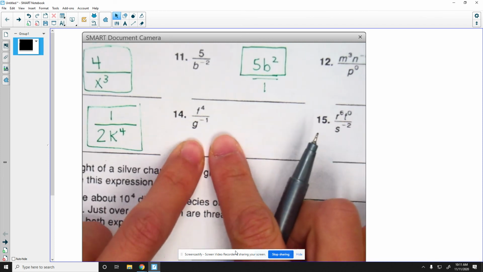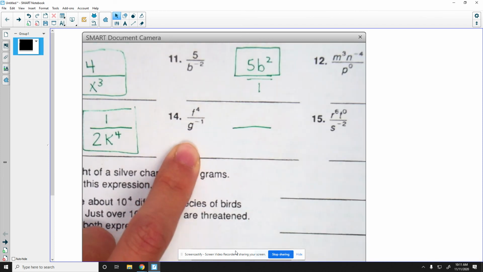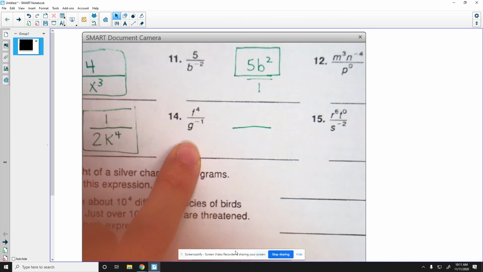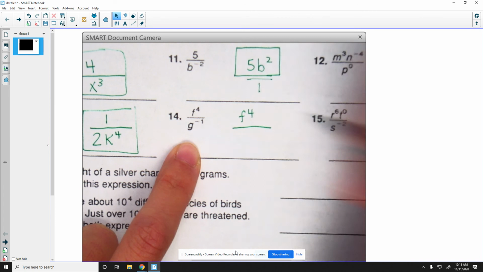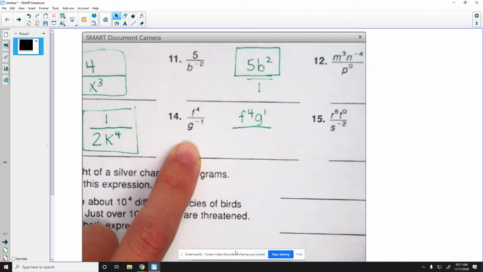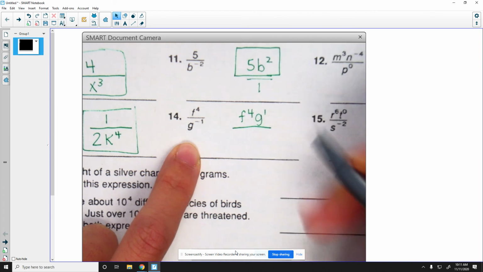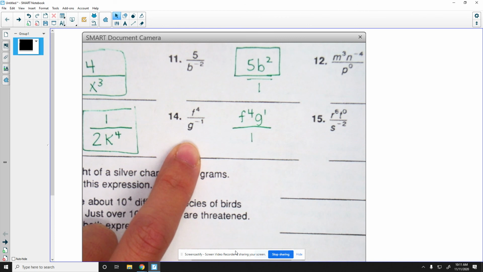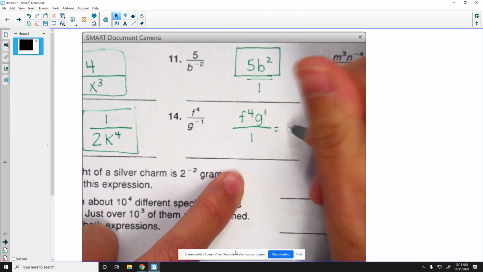Okay, this one, number 14, try it. Jack, what do you think? F to the 4 on the top and g to the 1 on the top. So this is the answer. If you really wanted to put it over 1, sure, but it's really not necessary, right?